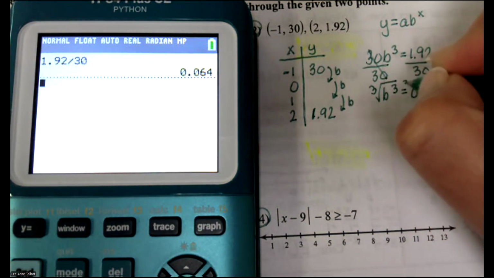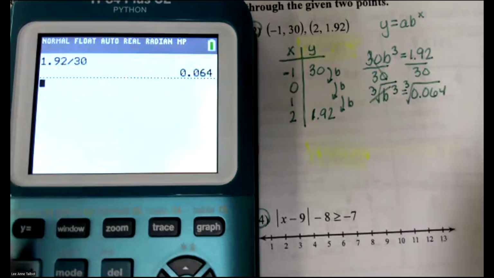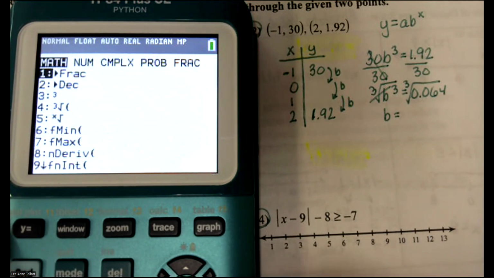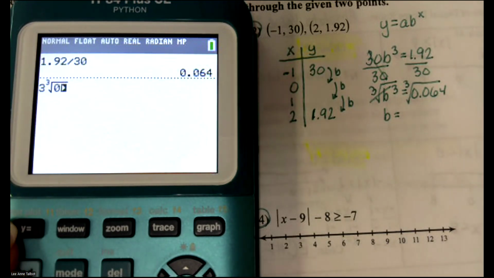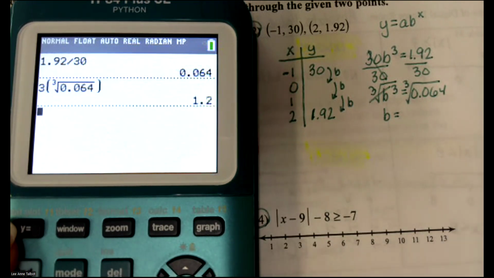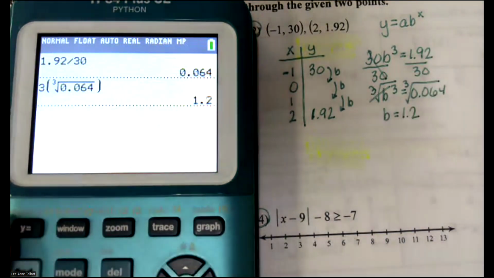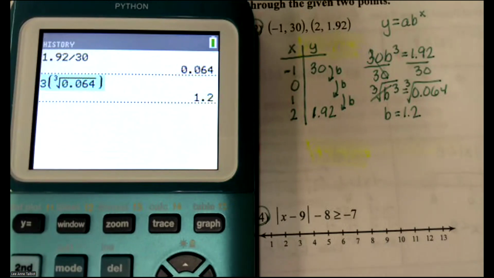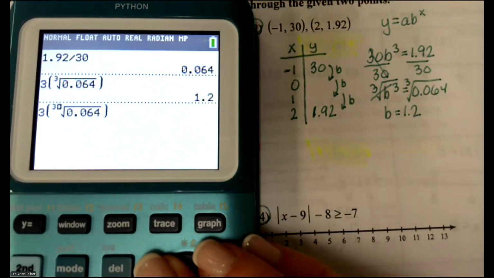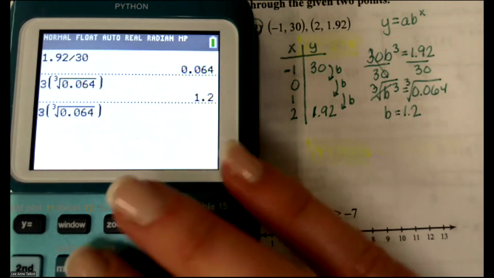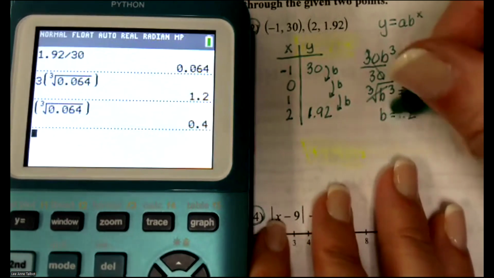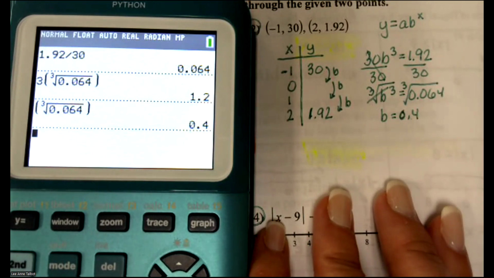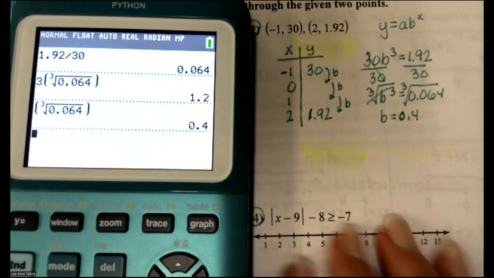Cube root both sides. Oh, uh-oh. I typed that wrong. There you go.